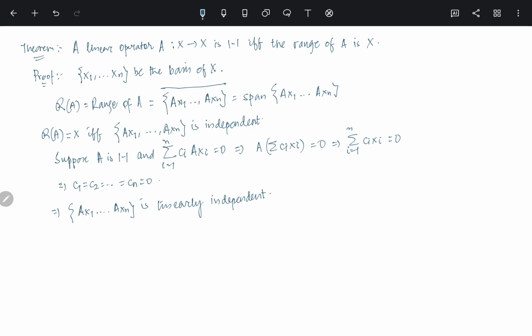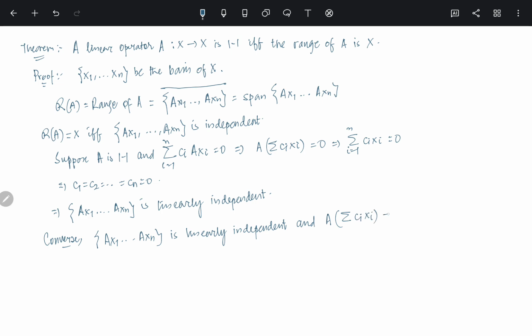Now let's look at the converse. What happens if the set is linearly independent and A of the summation ci xi is 0? So let's say that the set A(x1), A(x2), ..., A(xn) is linearly independent, and A of the summation ci xi is 0.